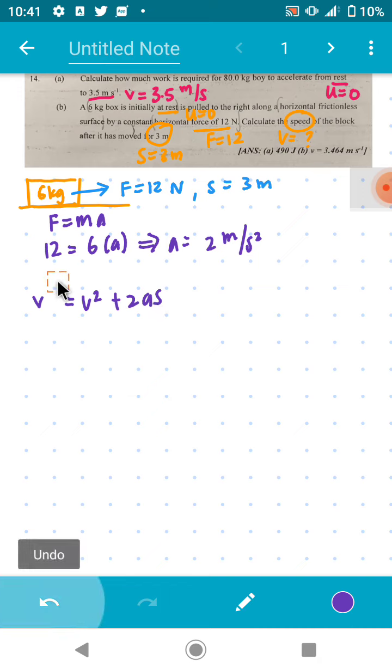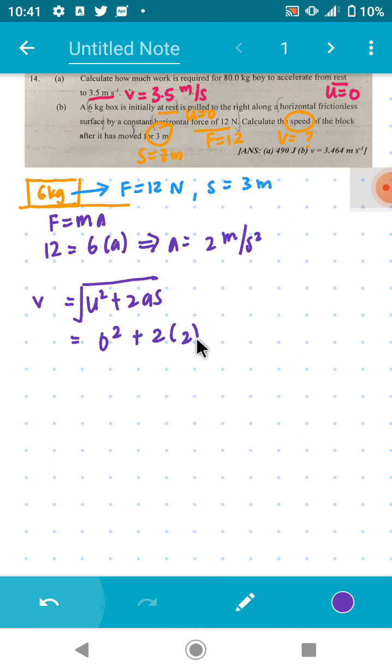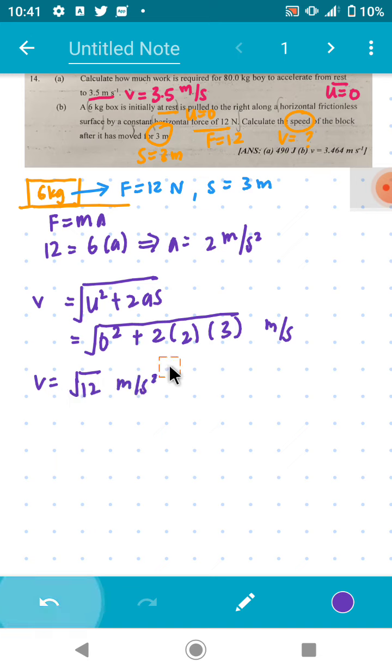We need to find v only, so we square root both sides. u is 0 square, 2a is 2, s is 3. So v is the square root of 2 times 2 times 3, which is the square root of 12 meter per second, approximately 3.464 meter per second. Right, so it's pretty simple.